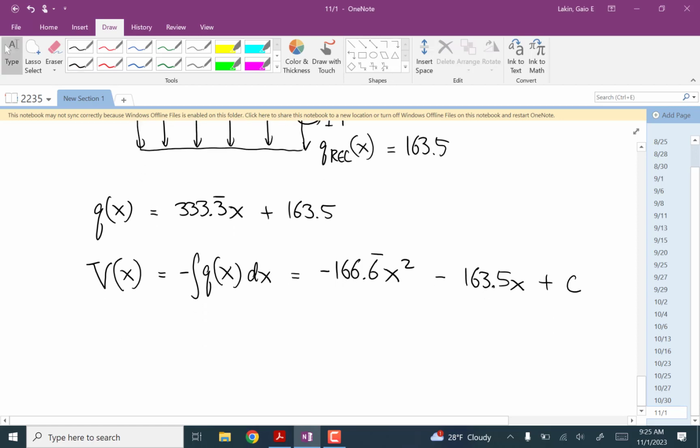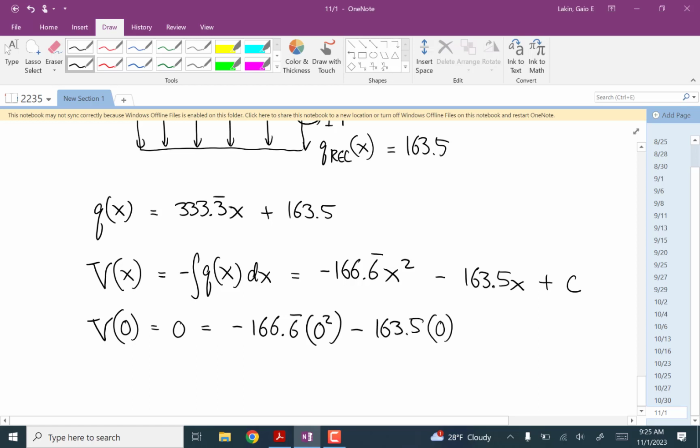Okay, well, so how do we figure out that C? We know that V at 0 is equal to 0. So plug in 0 for your x's. Negative 166.6 repeating times 0 squared minus 163.5 times 0 plus C is equal to 0.